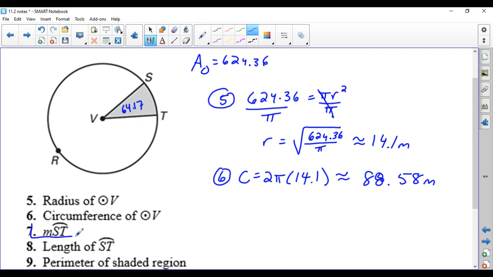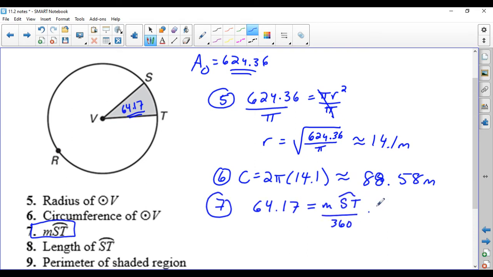Now I want to find the measure of arc ST. In order to do that, we need to use the area that was given to us for the sector as well as the area of the circle. The area of a sector, 64.17 square meters, is equal to the measure of the arc over 360 times the area of the whole circle. So I could put pi r squared here, but I also already have a value for that.